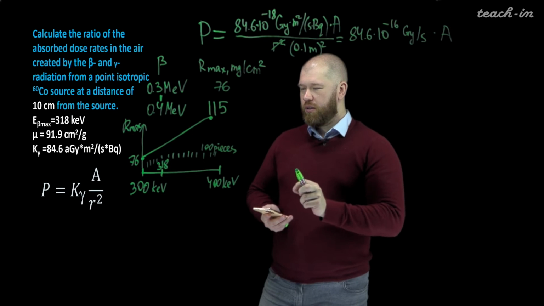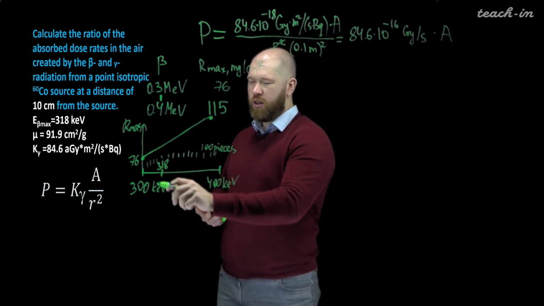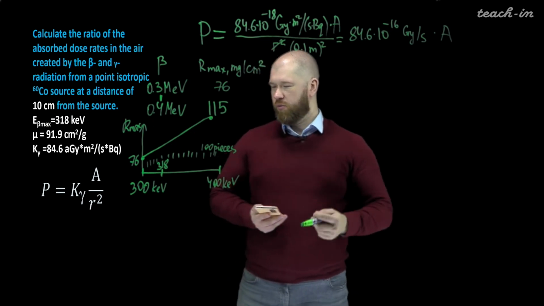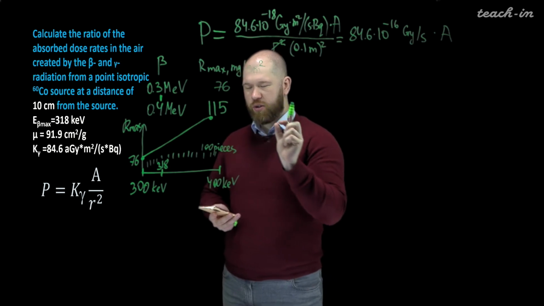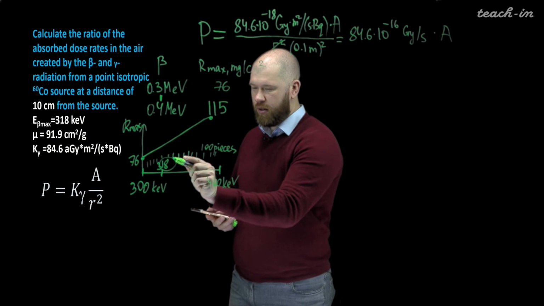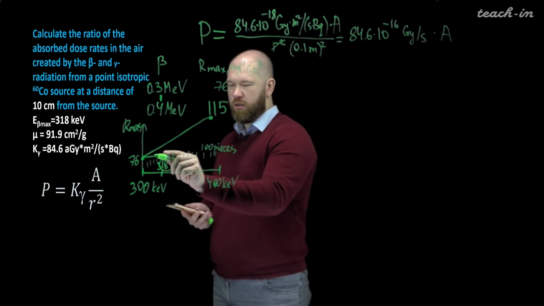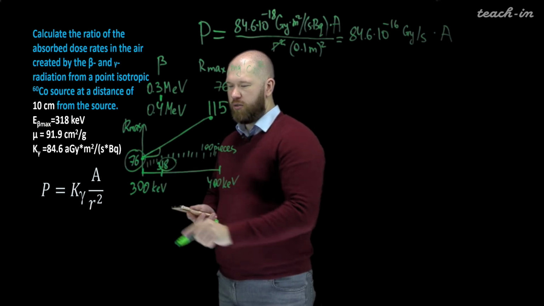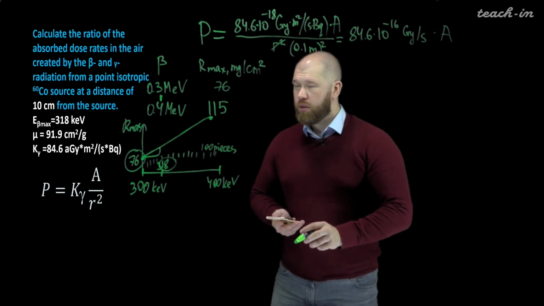So we can calculate what is the addition to the maximum range per each kilo electron volts. Then we will multiply this small addition by 18. And then we will add this small addition to our maximum range for 300 kilo electron volts. So let's do it.